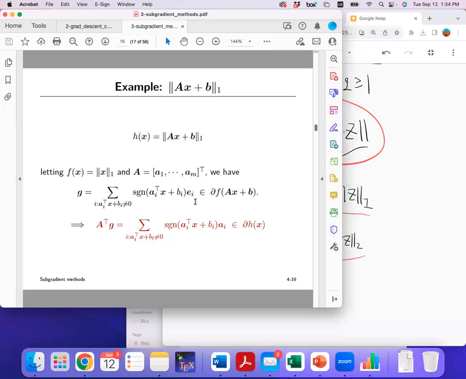And this is just another example where the L1 norm has an affine transformation inside. So you just apply that rule. I will not go into details. You have an additional A transpose outside.